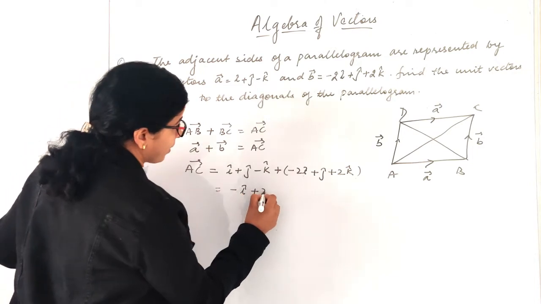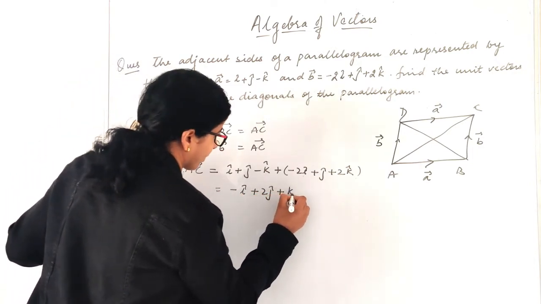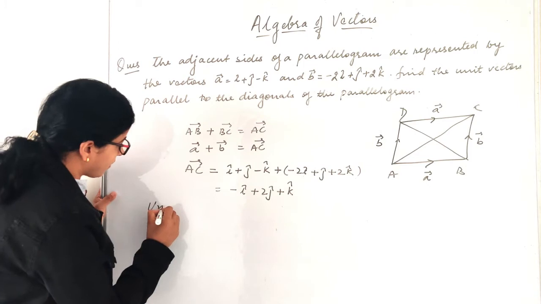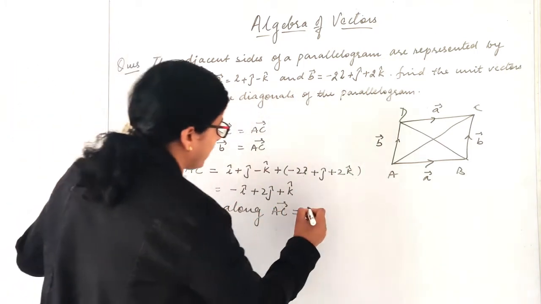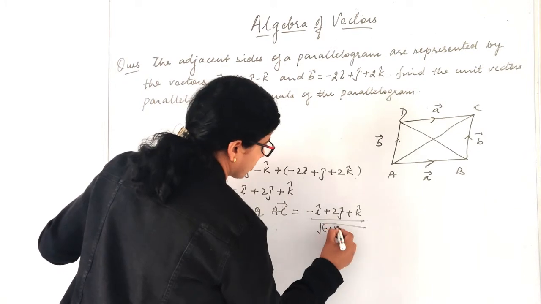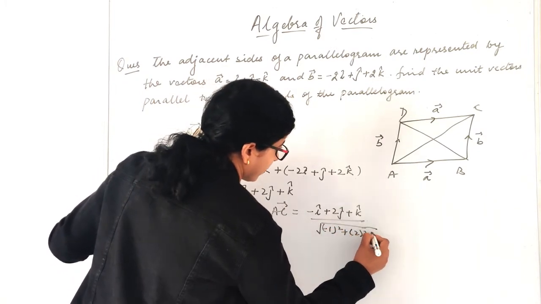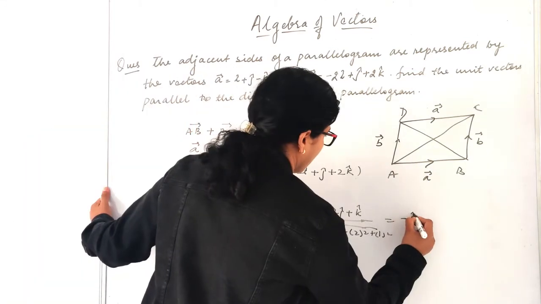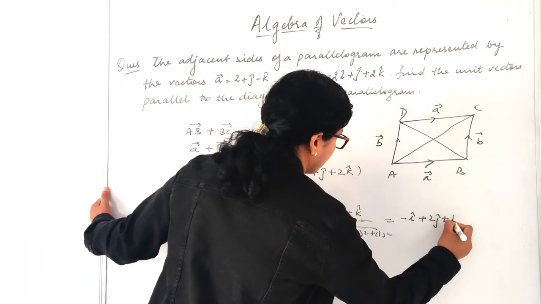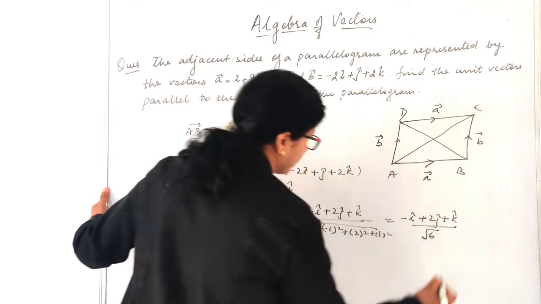Minus i plus 2j plus k vector. And if I want to find the unit vector along it, I have to divide by its magnitude, root of minus 1 square plus 2 square plus 1 square. So basically I am getting minus i plus 2j plus k upon root 6.